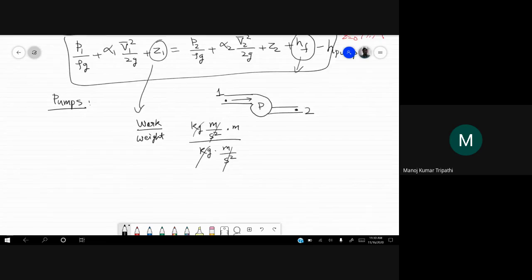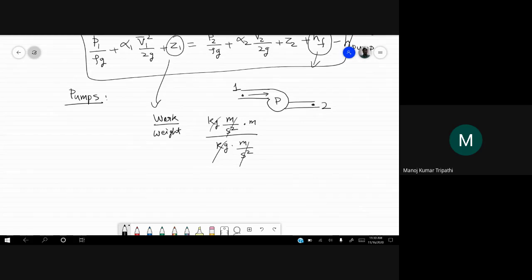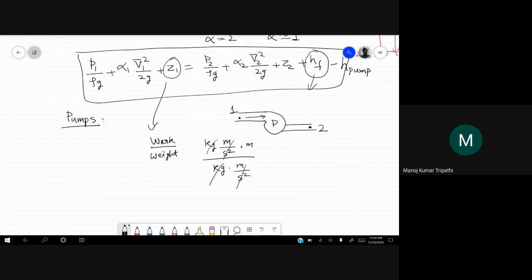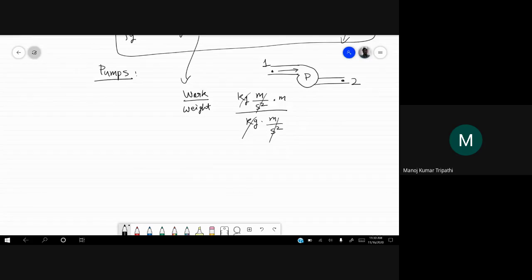So you get meter. Okay, so each term is work per unit weight. If you want work per unit mass, then you can just multiply with gravity everywhere. You will get work per unit mass.